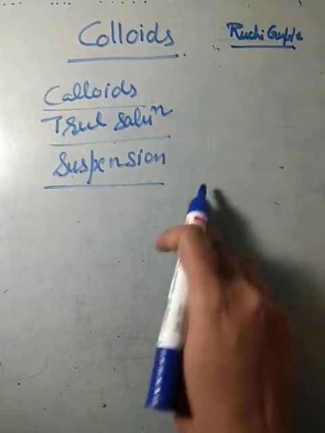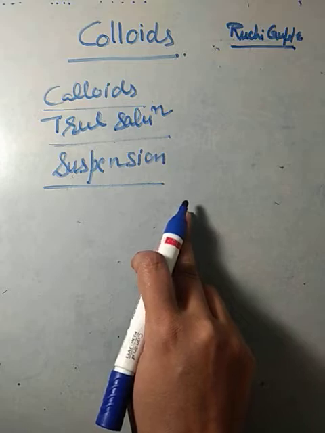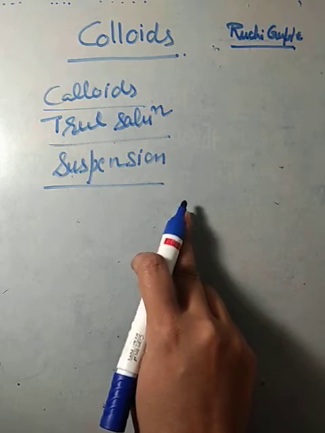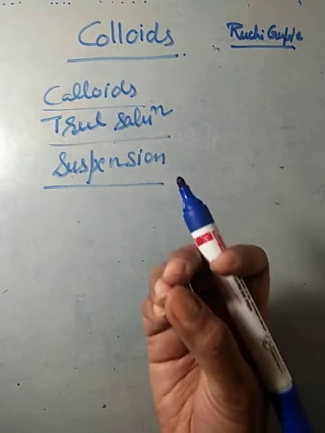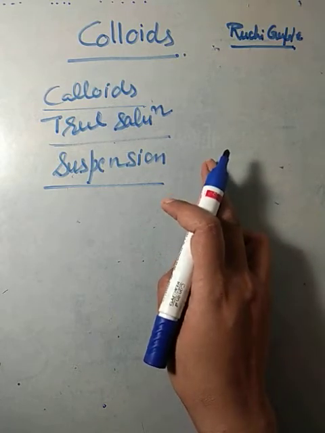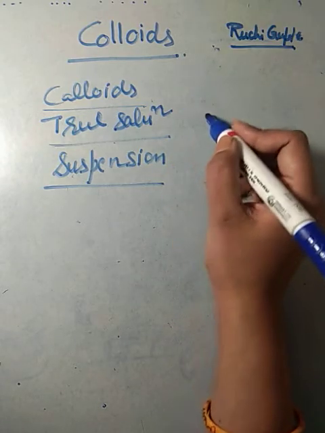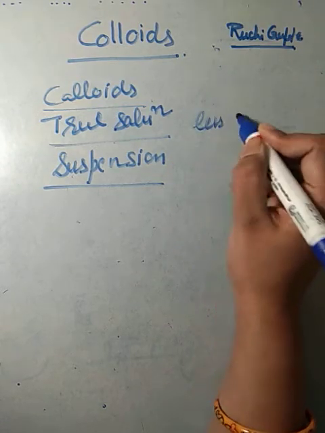The difference between these three, we can differentiate on the basis of their particle size, that is, on the basis of the size of the solute particle. In a true solution, the size or diameter of the particle is less than 1 nm.